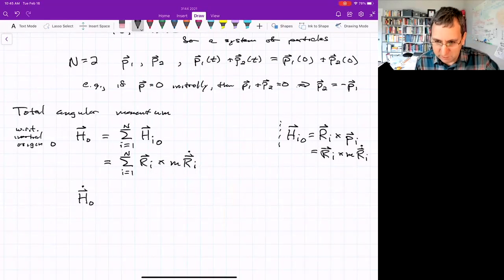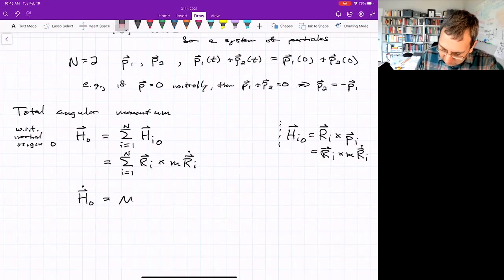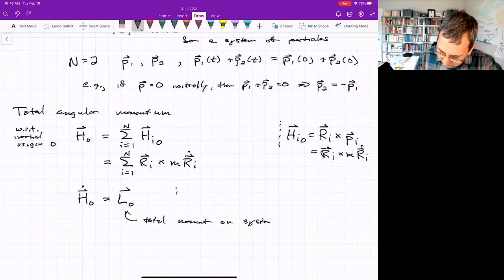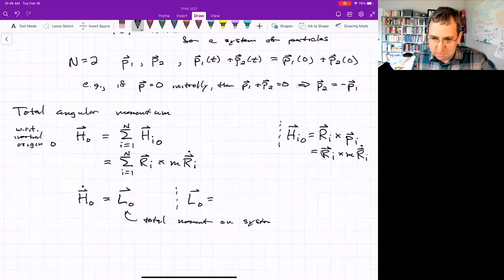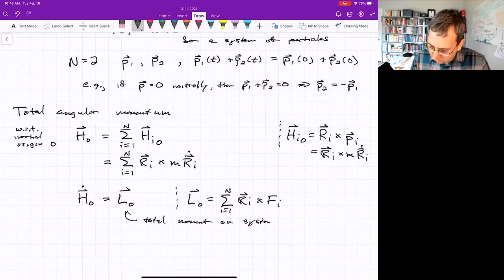The time derivative of the total angular momentum equals, oh no, I'm using L, capital L, L sub O. This is the total moment on the system. And what's that total moment? L_O is the sum of the individual moments. So we'll just sort of write it this way. Sum from 1 to n of r_i cross the total force.